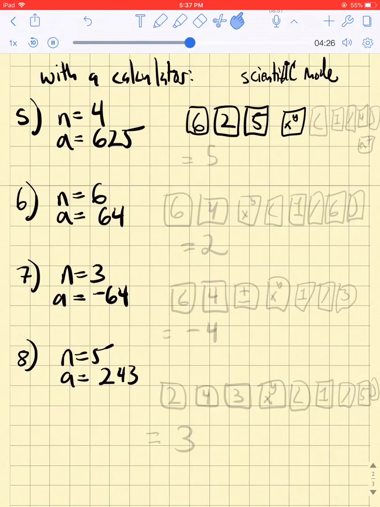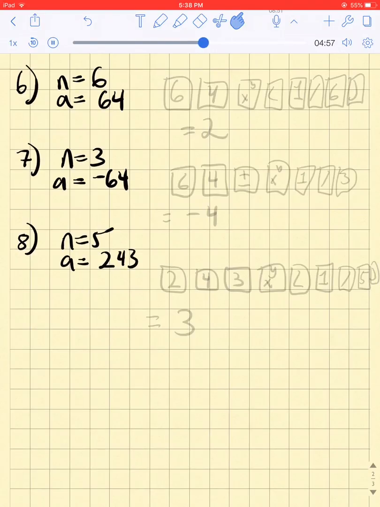So this is going to be an open parentheses, and then the number 1, and then a division symbol, and then a 4, and then a close parentheses, and then enter. Right? The answer here ends up being 5. Okay?